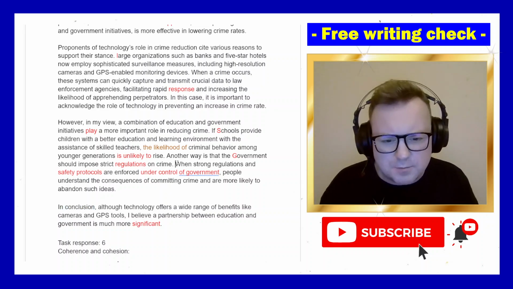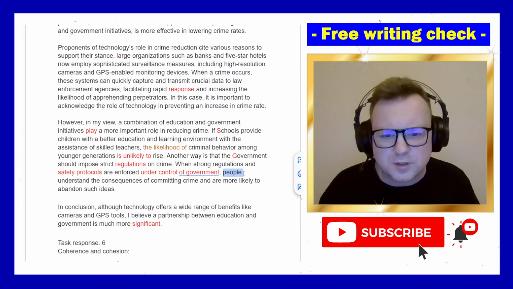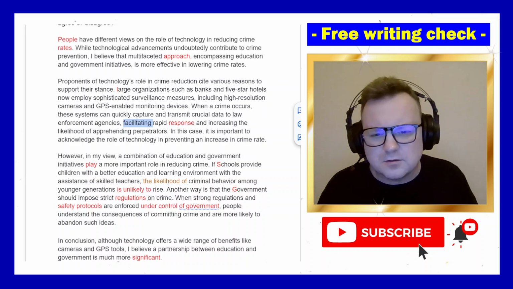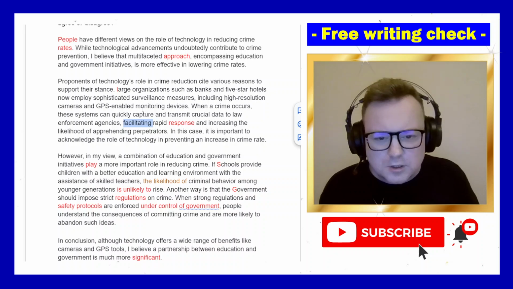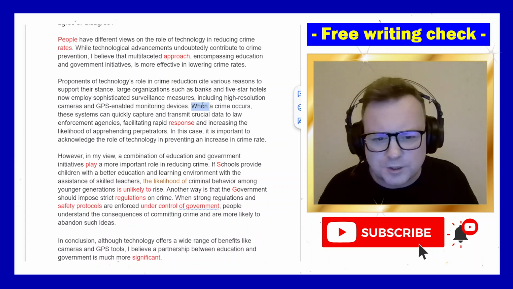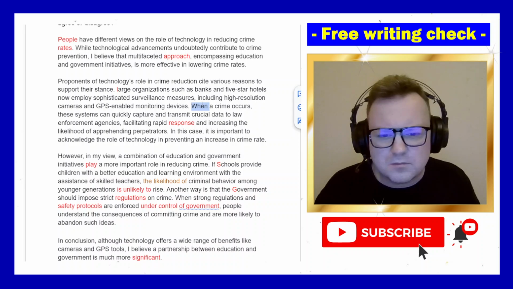We get some, again, subordination when people, so that shows nice sentence type, a complex sentence. This facilitating using a participle clause, that's also very, very good coherence. Again, we have more subordination here. Maybe a few more discourse markers might be nice.